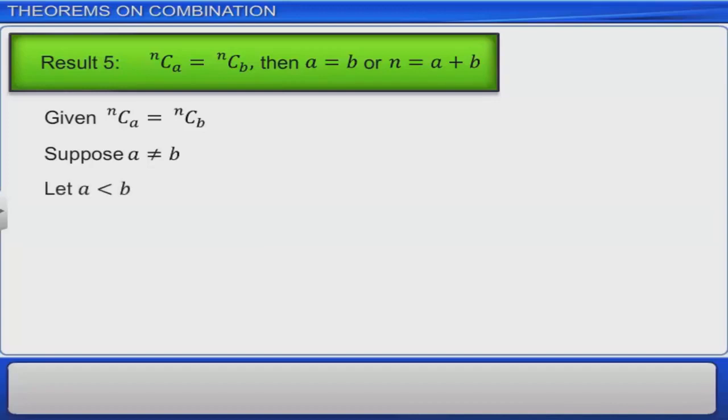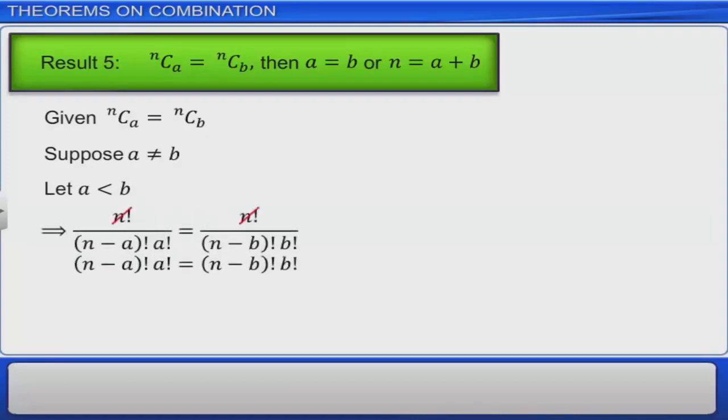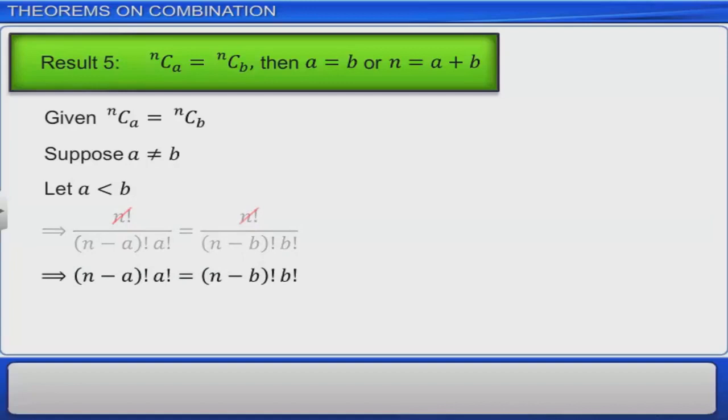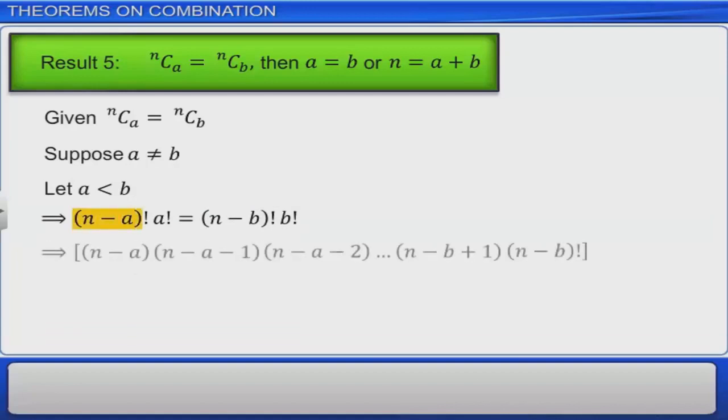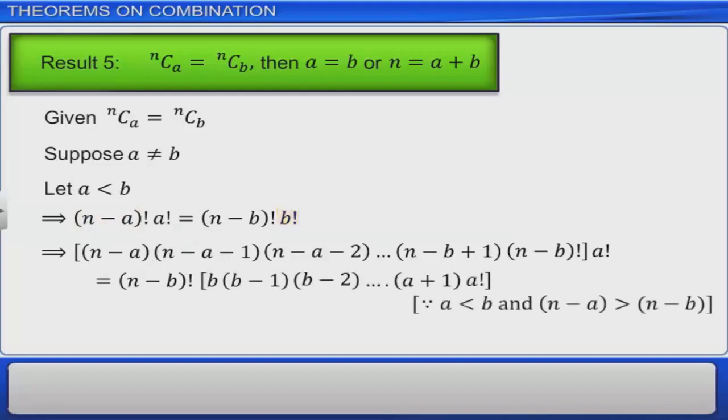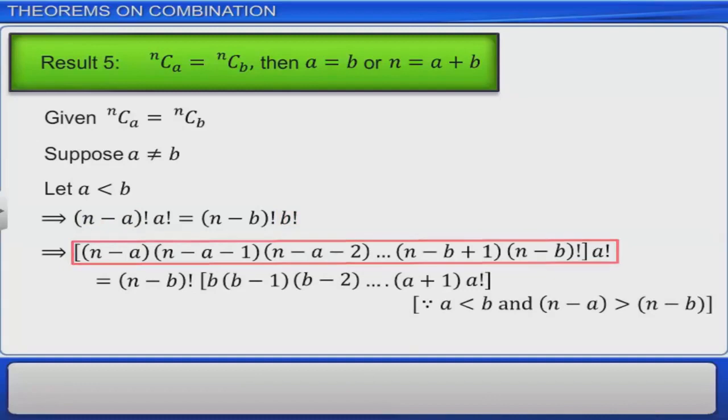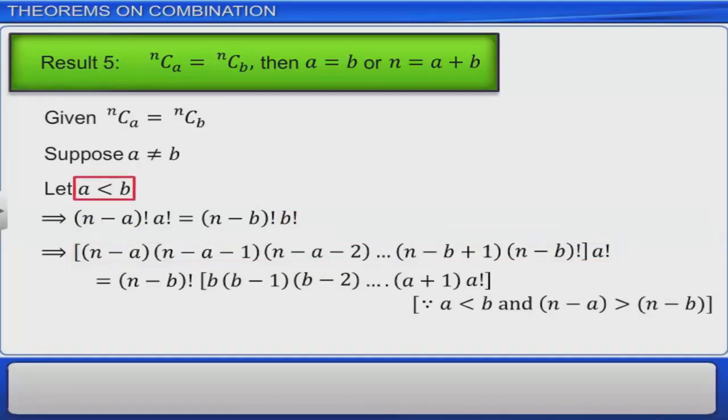We use the formula for combinations on both the sides. The factorials can be expanded as shown on both the sides. The first term on the left-hand side is expanded using the fact that a is less than b.